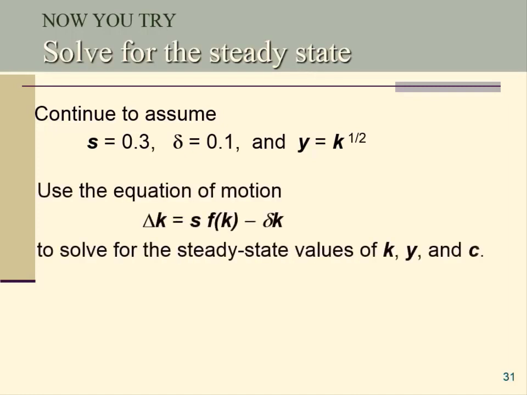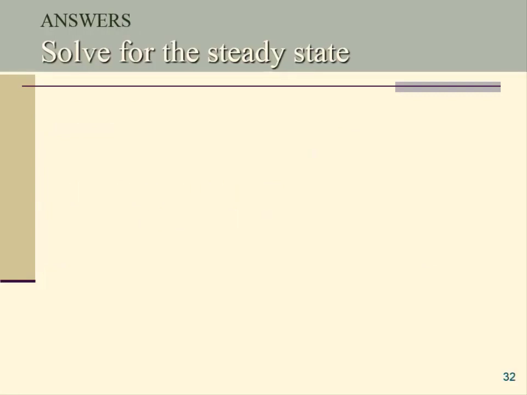And using the equation of motion, that is, the equation you saw for changing capital stock per worker, equals s times f of k minus delta k, solve for the steady state values of capital stock per worker, output per worker, and consumption per worker. So why don't you try to do that on a piece of paper and come back for the answer.